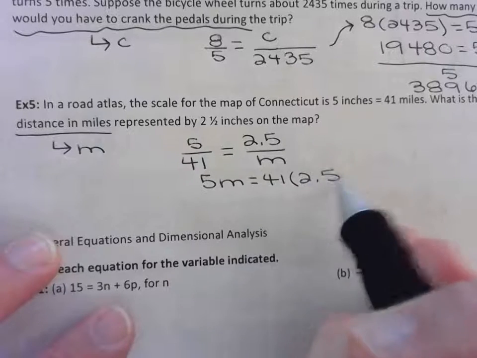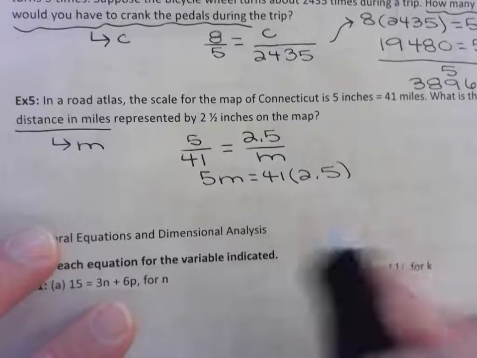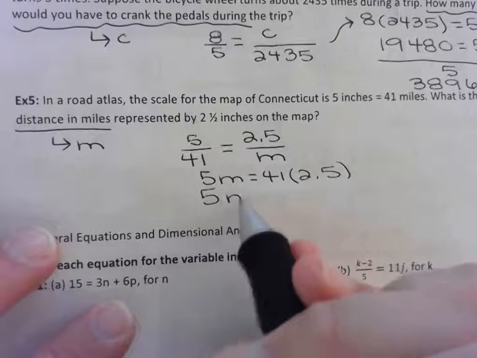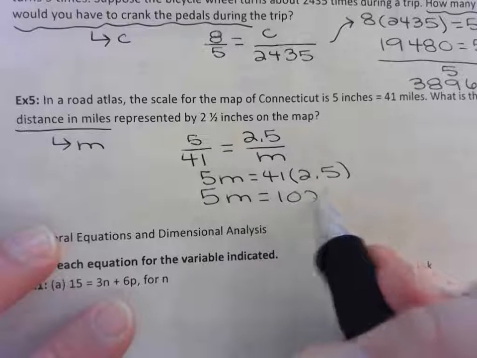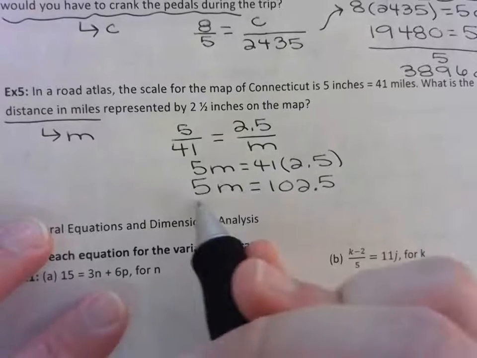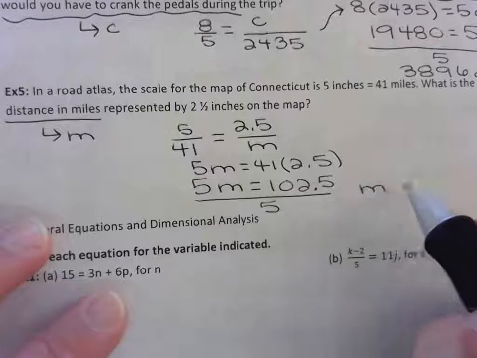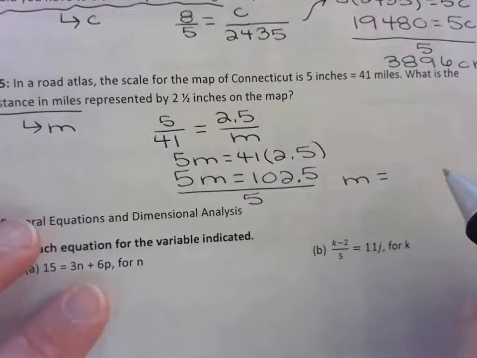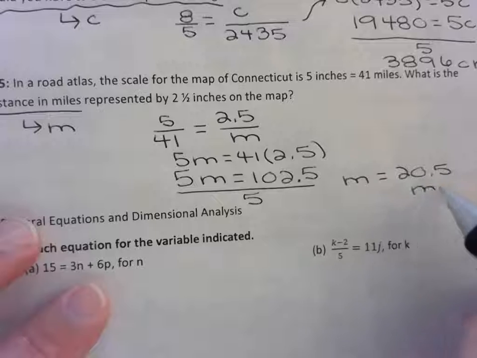You don't have to write out the multiplication, you can just do it on your calculator. What is 41 times 2.5? 102.5. Divide by 5. 102.5 divided by 5? 20.5 miles.